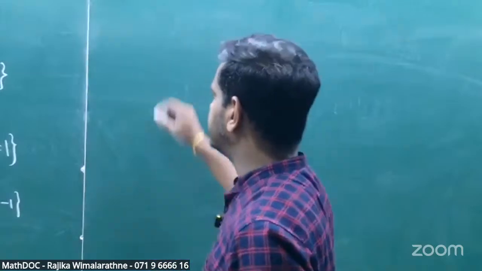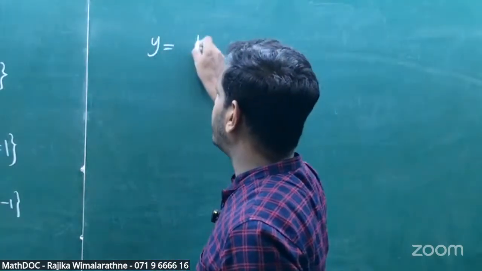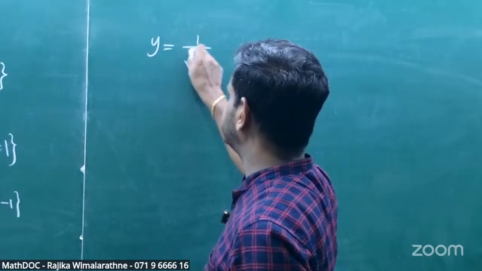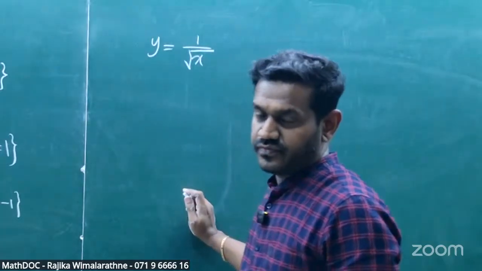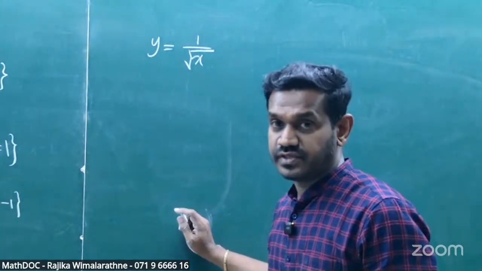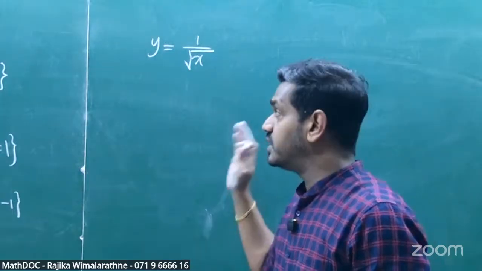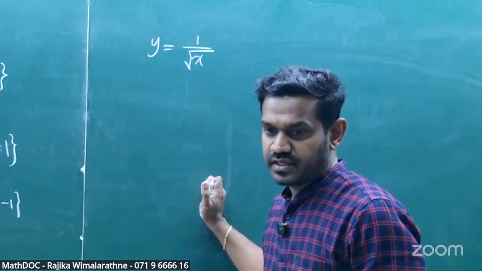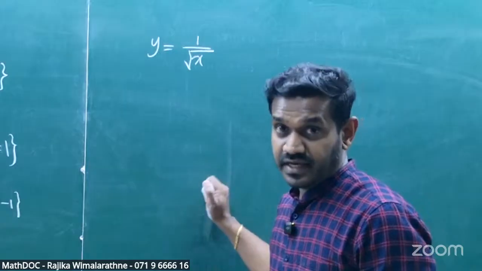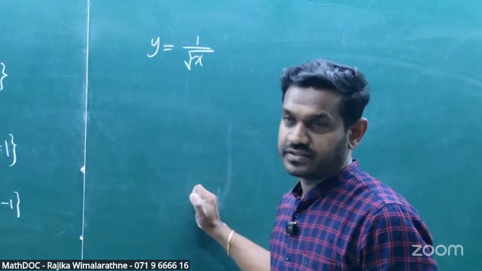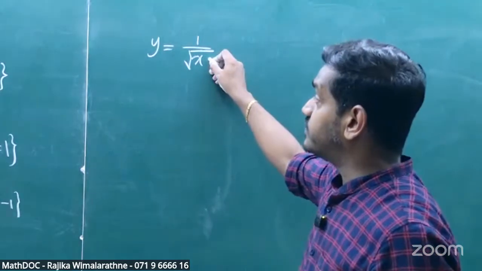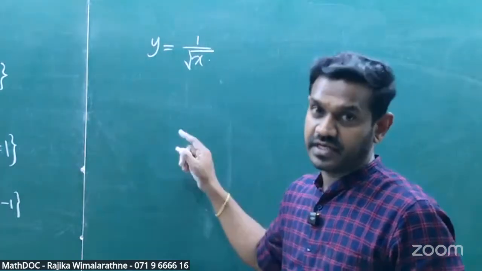Now you consider y equal 1 over root x. We have to think, when we have square roots, we have to remove negative values. And again, when we have denominators, we have to remove denominator zeros. Here we have square root as well as denominator 0.